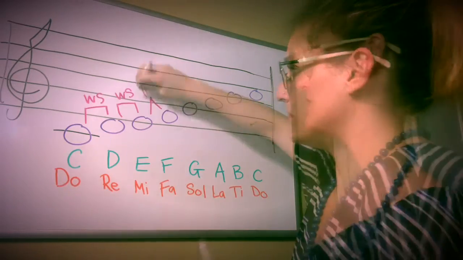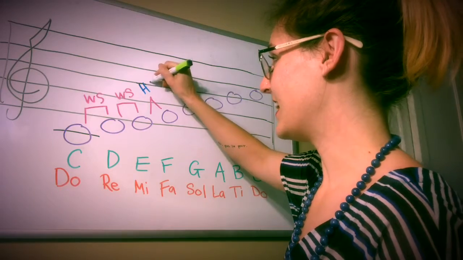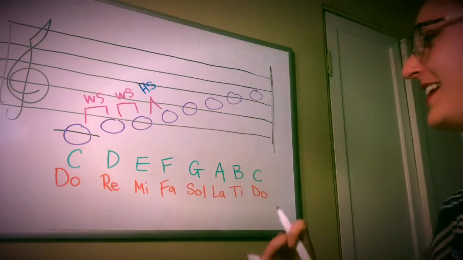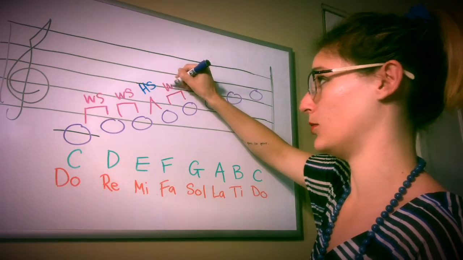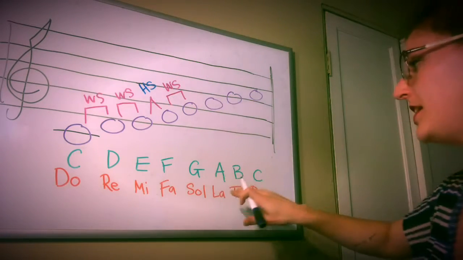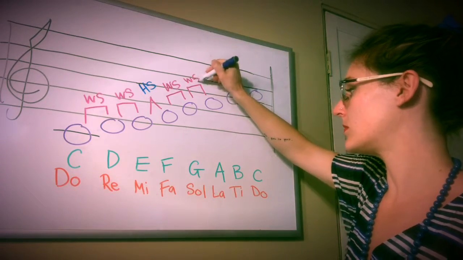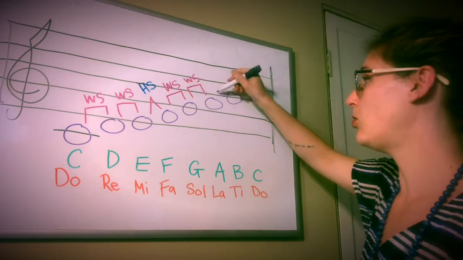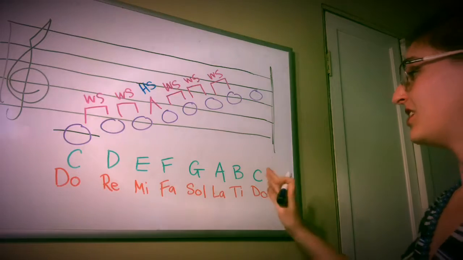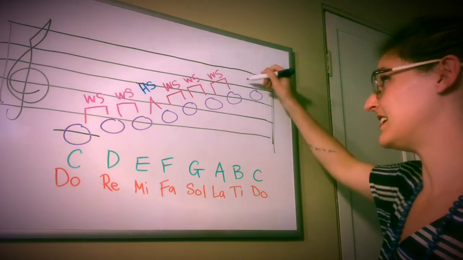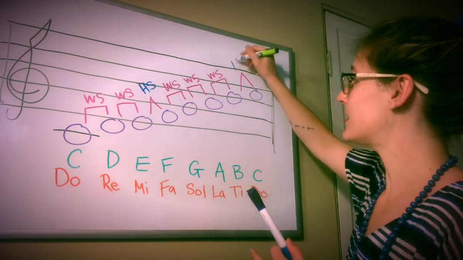And then between F and G, it's a whole step. Between G and A, also a whole step. Between A and B, another whole step. But then between B and C, we had a half step.